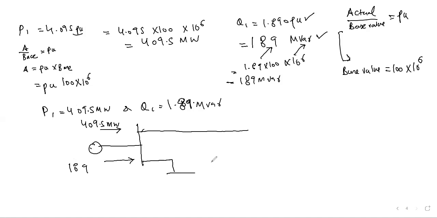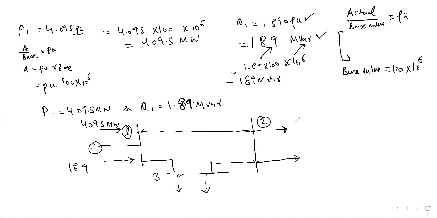I'll understand the whole power flow scenario. Okay, so this was the bus over there. If I want to calculate, this is my line 1, this is my line 2, and this is the third one, and here also this is the third one.